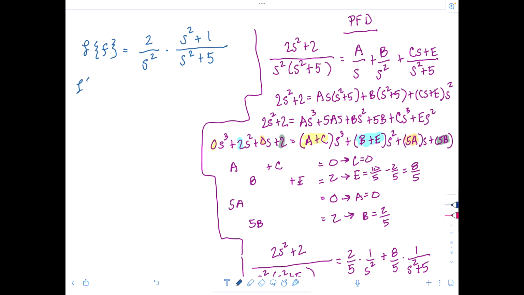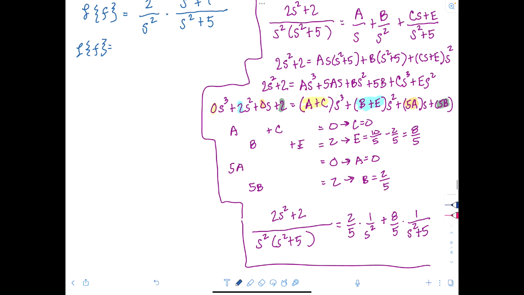So L{f} will be equal to 2/5 times 1 over s squared plus 8/5 times 1 over s squared plus 5, which looks kind of like something we could make into a sine function, right?